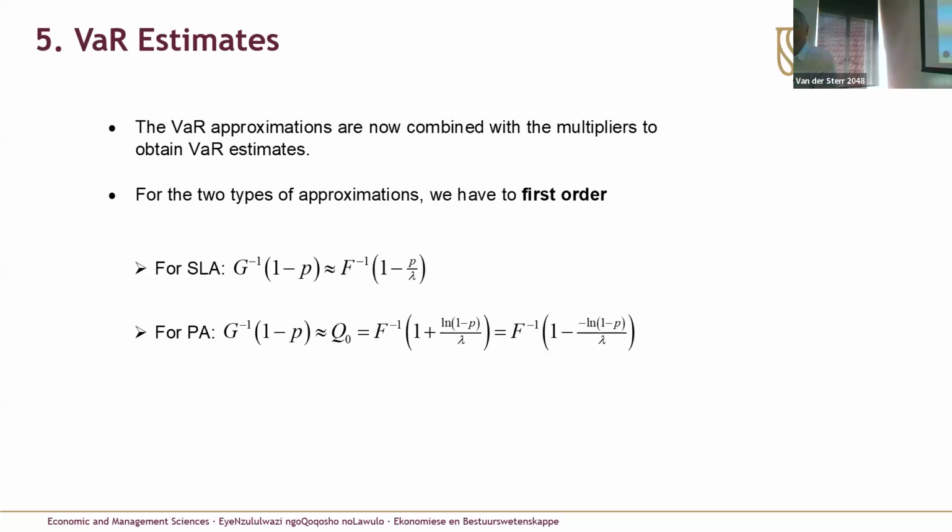With P a given value, say 0.001, as in operational risk, and lambda some integer value that might be fairly large, up to 100 or more, depending on the number of losses you're working with. So that becomes quite a small number. In the same way, for the perturbative approximation, we work with this. Again, a very high quantile.